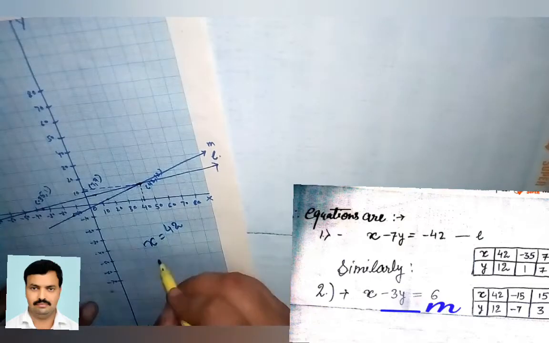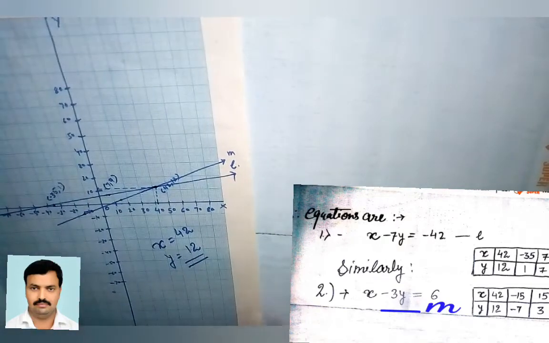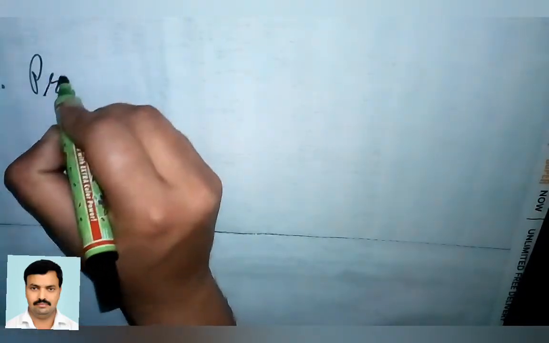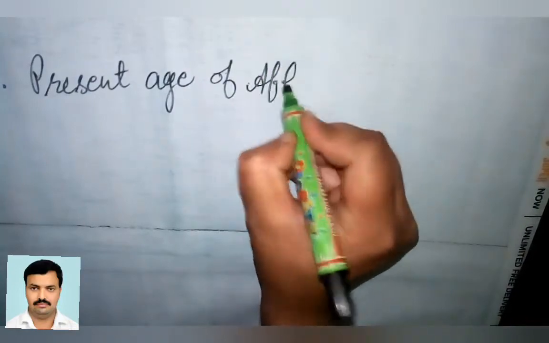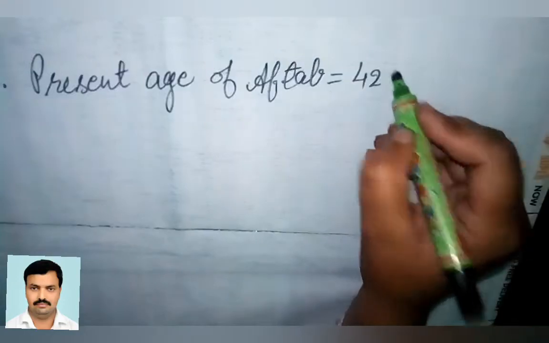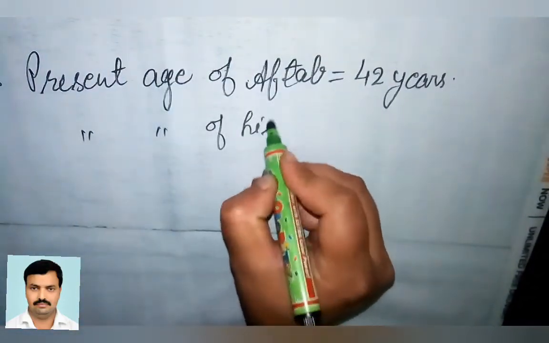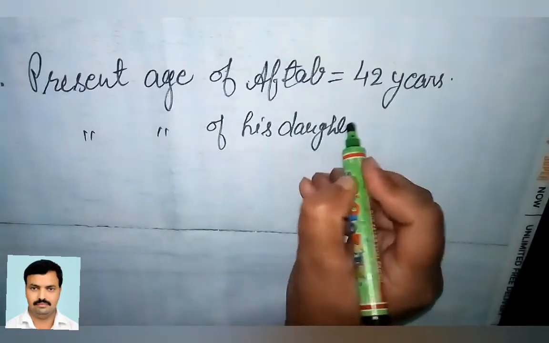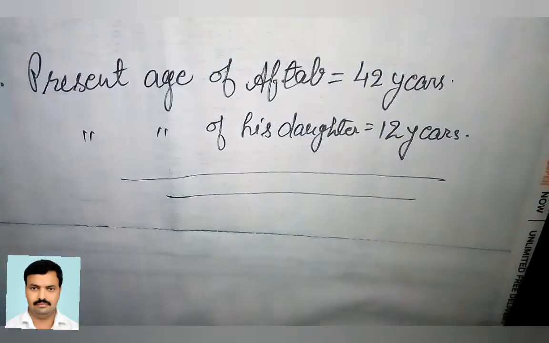Therefore x is 42 and y is 12. From the graph you came to know that the present age of Aftab, which we supposed equals x, is 42 years, and the present age of his daughter is 12 years, which is the required solution.